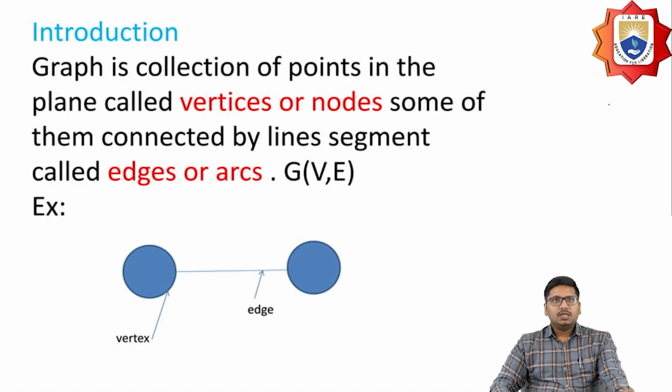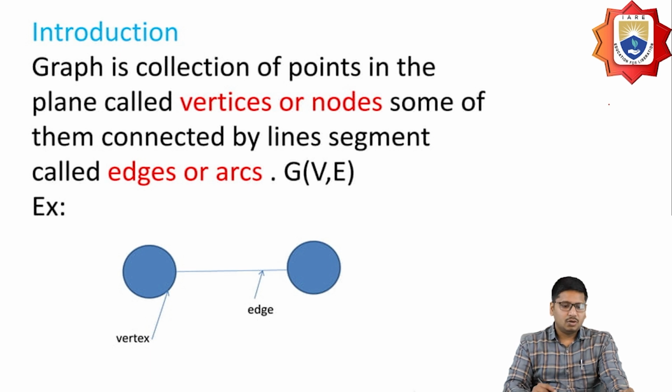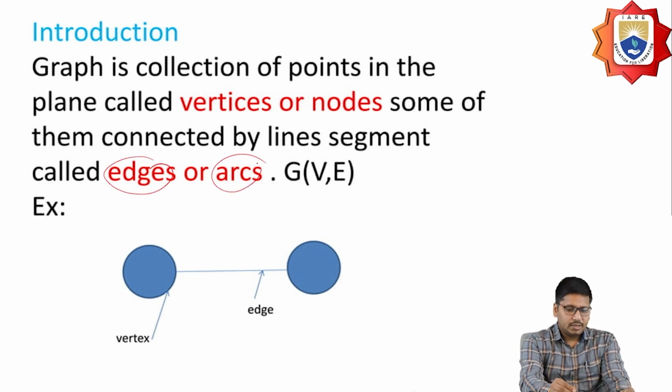The very first thing is that a graph is a collection of points in a plane, called vertices or nodes, which are connected by means of line segments, in turn called edges or arcs.